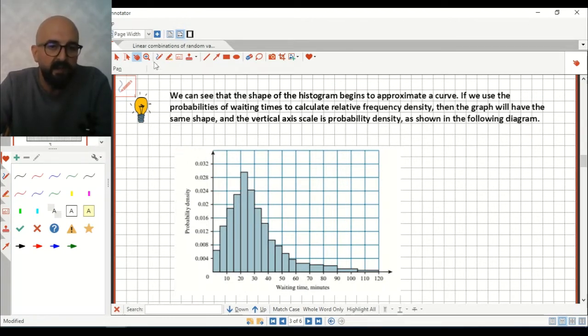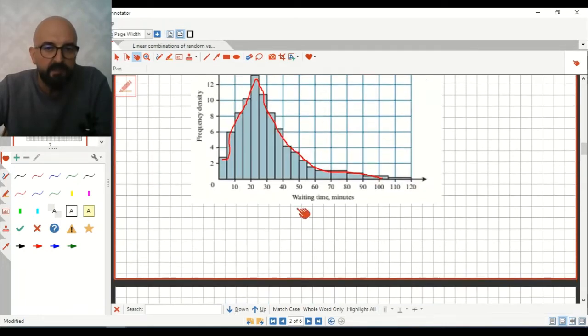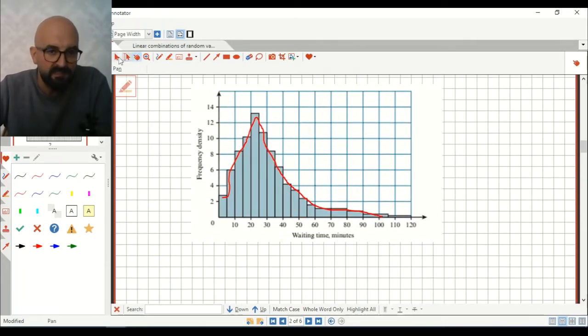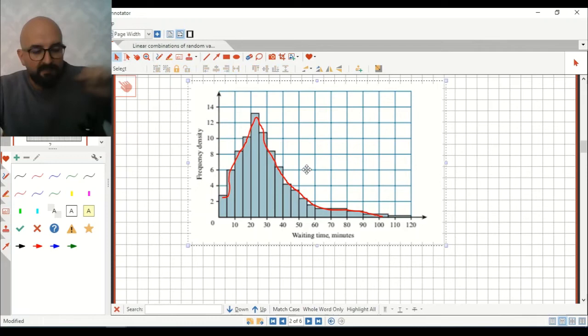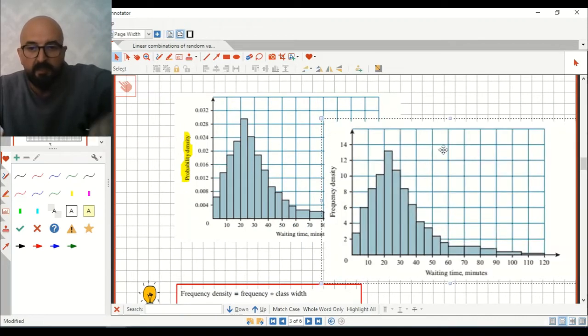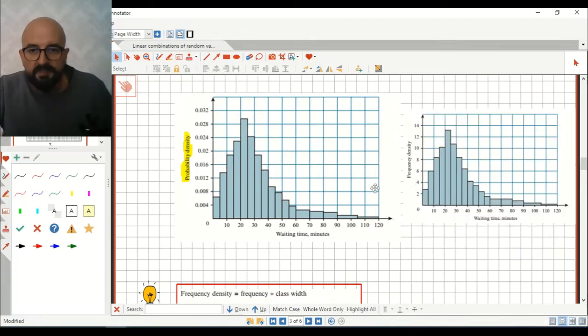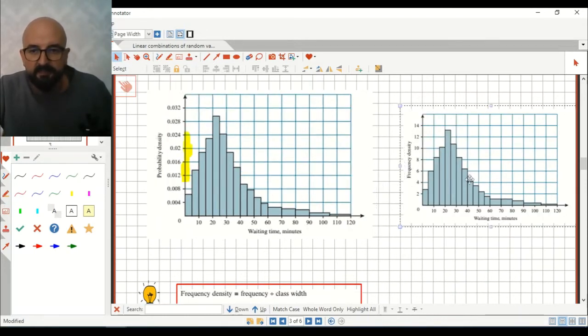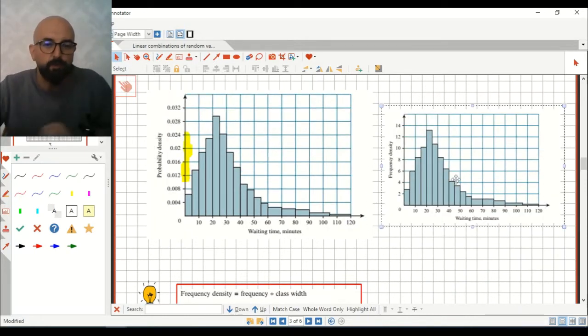In this diagram, related to probability density, but the before diagram related to frequency density. If you notice, these both diagrams are very similar.